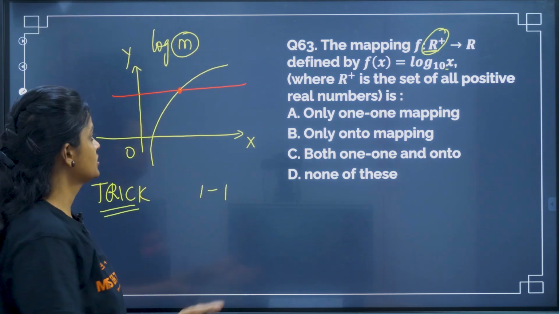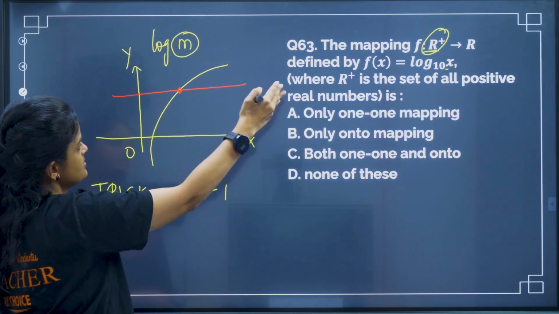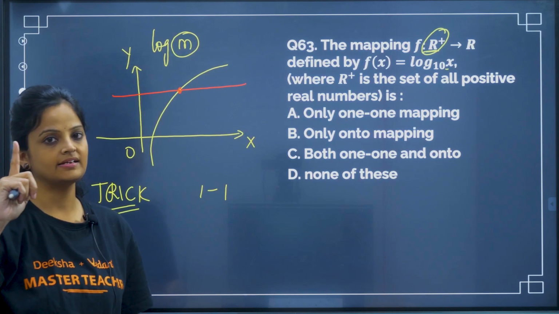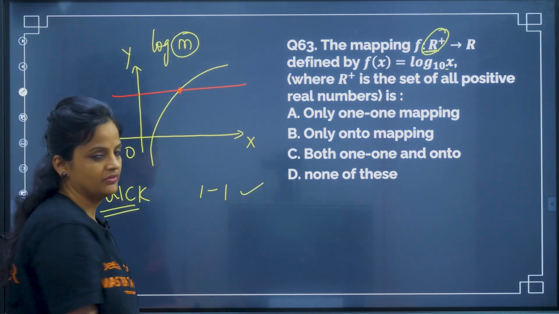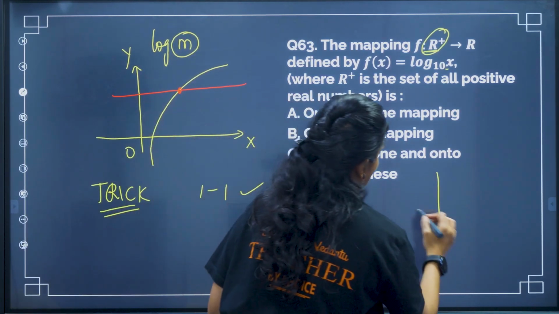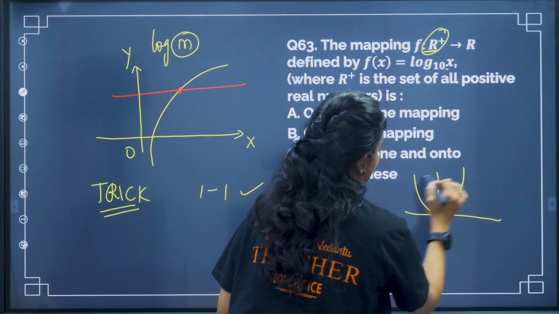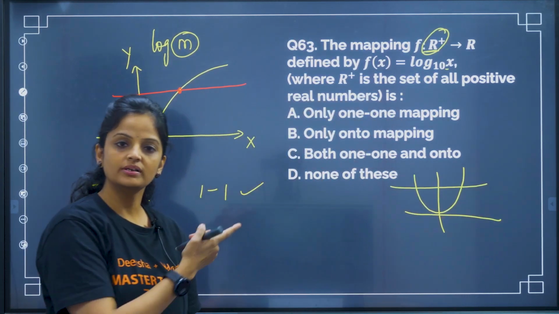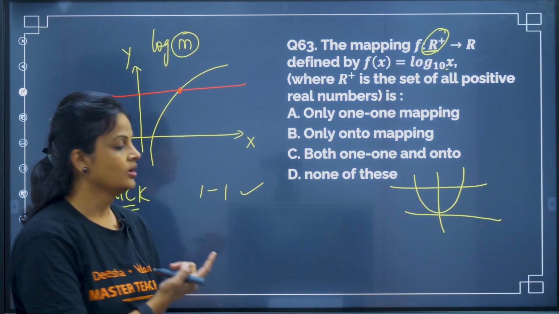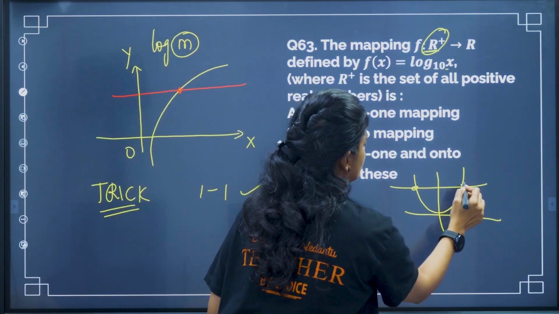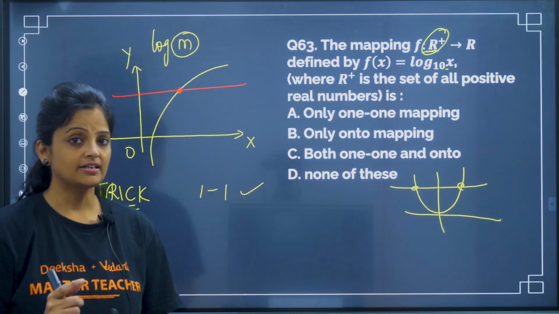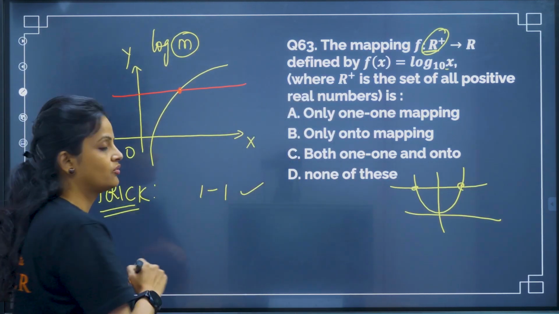So for the log function, if you take the graph, a horizontal line cuts the curve at only a single point. That's why it is 1-1. If you take a parabola, for example, and a horizontal line is there, will it be 1-1? No, it will be many-one because it is cutting at 2 points. So that is the trick you have to remember for 1-1.